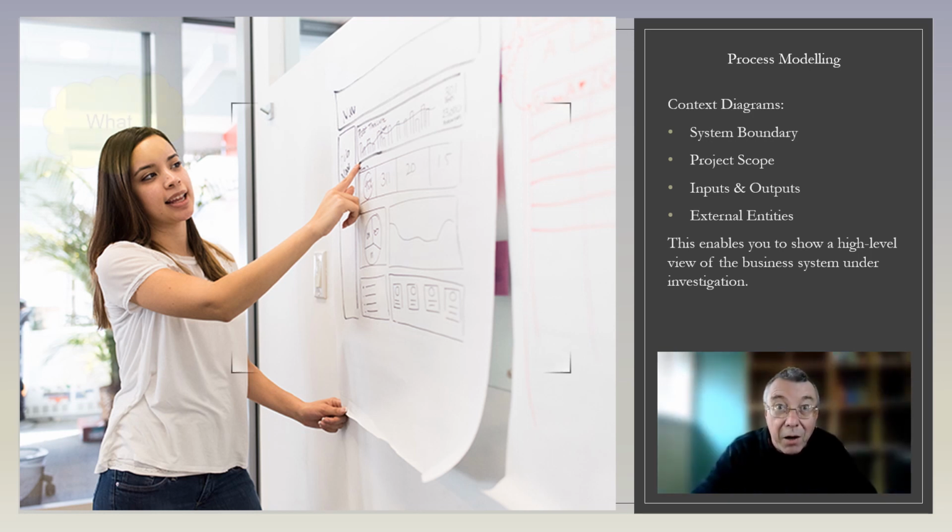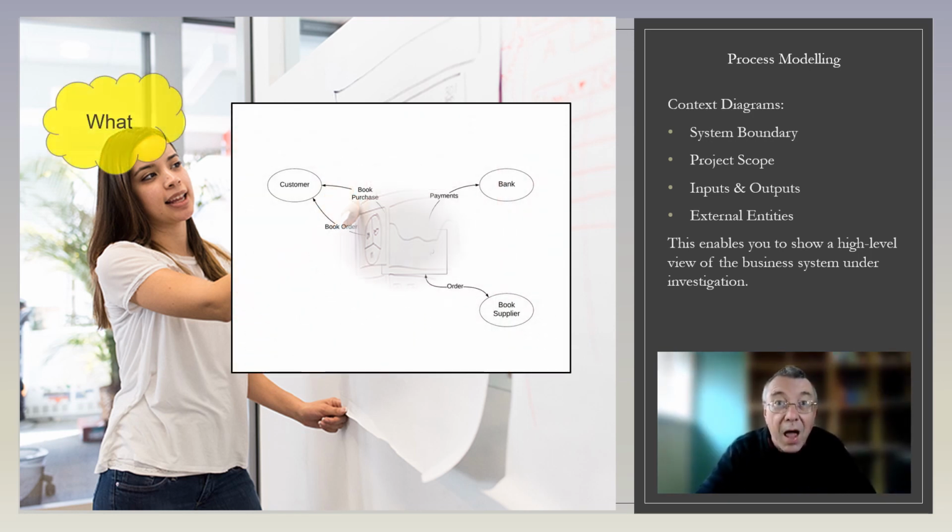You should now understand, I hope, what a context diagram is: that it shows the system boundary, the key flows in and out of a system, and the external entities that interact with it.